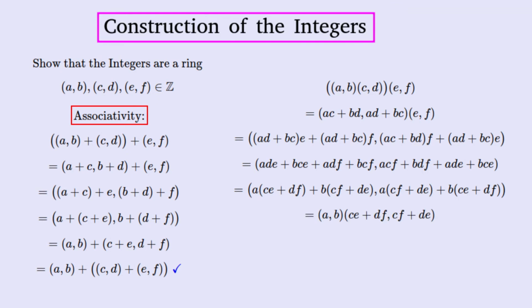Using the multiplication rule in reverse, we'll separate the first integer out the front and contract this expression. We'll use the multiplication rule in reverse a second time, thus obtaining this expression, which is the first expression with the bracket flipped over to the last two integers. So we've successfully proven this axiom for both addition and multiplication.